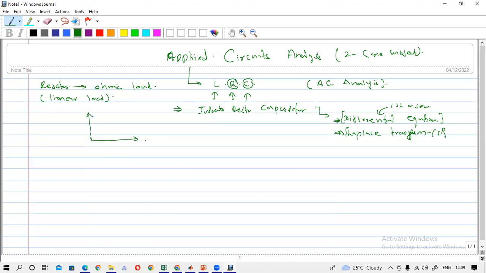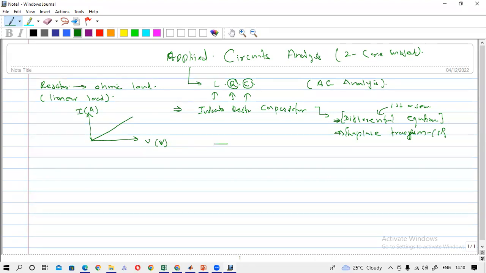If you plot the voltage with respect to the current I, you know that voltage is the voltage difference, measured in volts, and the current is measured in amperes. The VI characteristic is somewhat like this.